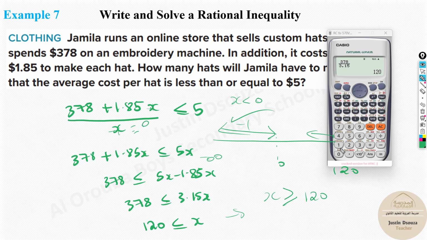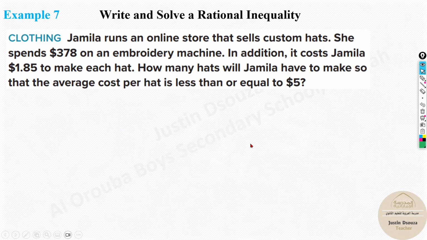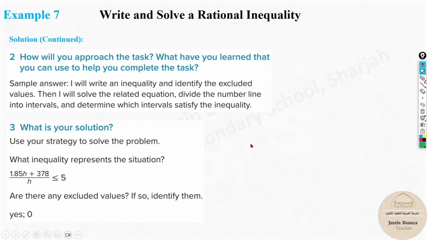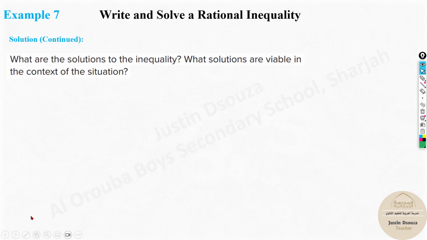So you can just directly write it without doing this test, trial, the number line method. So the answer is directly x is greater than or equal to 120. Let's just double check our answer.